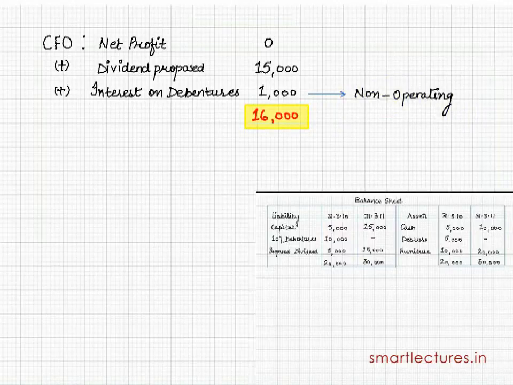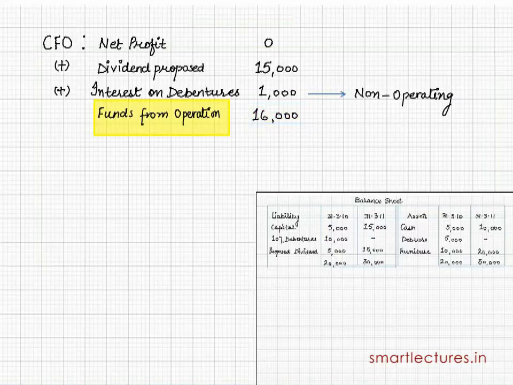net profit before the effect of current assets and current liabilities. So at this stage, this net profit is called funds from operation. Now I have to put the effect of current assets and current liabilities. You know, there is only one current asset on the asset side, that is debtors, 5,000, nil. It means there is reduction in the value of debtors, I mean to say current assets.